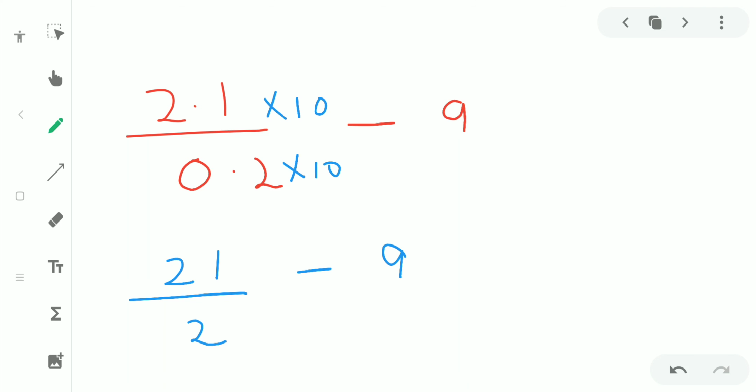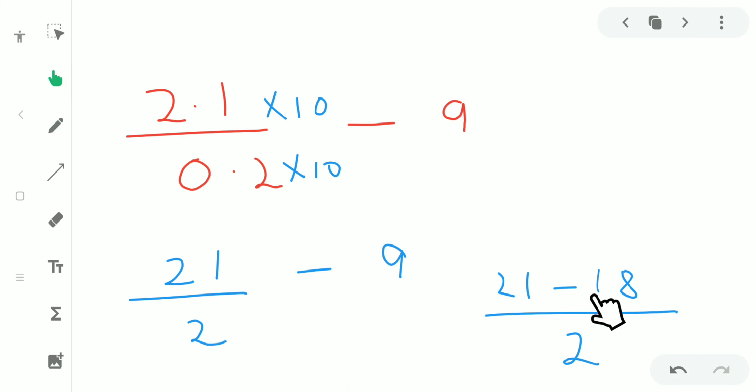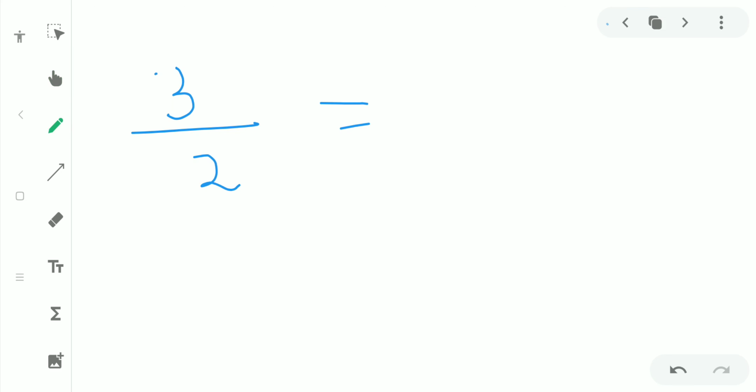So we will have the LCM again as 2, and 21 minus 18 by 2, which is equal to 3 divided by 2. 21 minus 18 is nothing but 3 divided by 2. You will have 3 by 2. You can leave as final answer, or you can also convert into mixed fraction 1 and 1 by 2. So anything is the right answer. This will be the final answer.